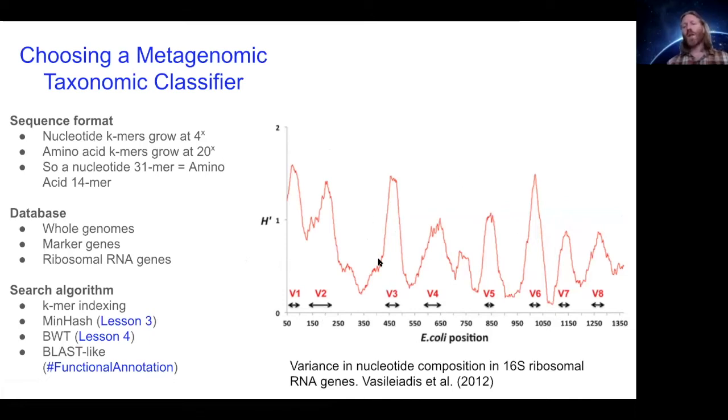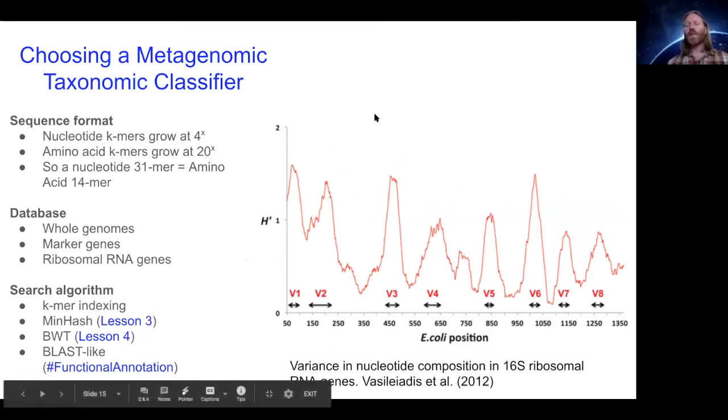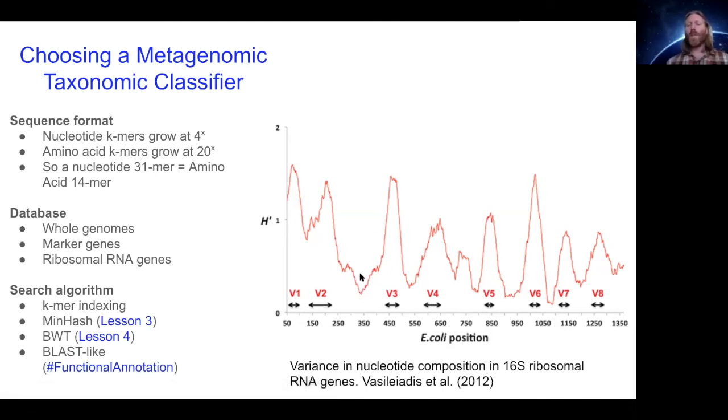And so a lot of the times when we're doing amplicon sequencing, we'll specifically choose to make our primers in the troughs and have them sequence across the hills so that we can identify the most variability in our sample as possible. So the V3, V4 region is very popular for that.